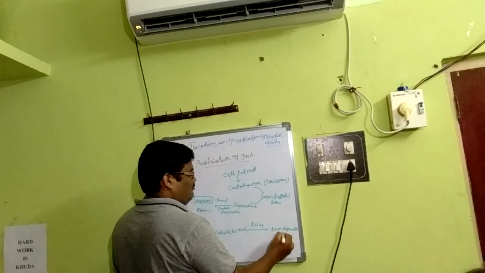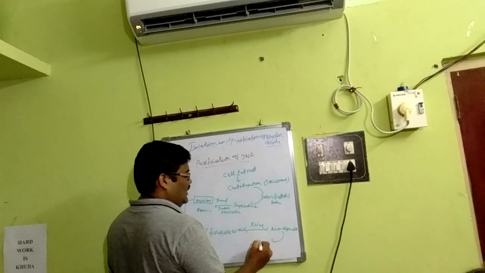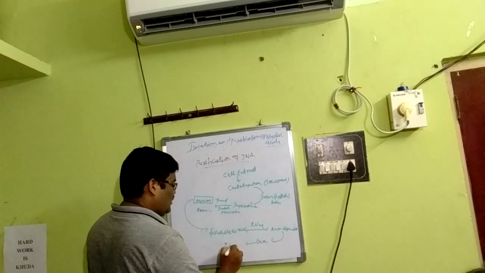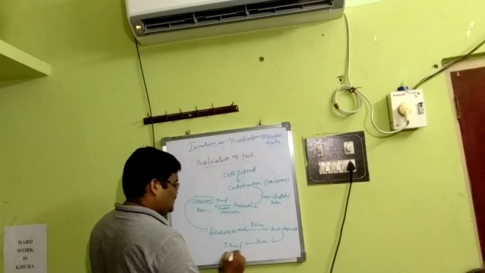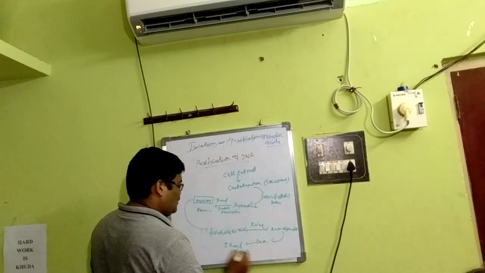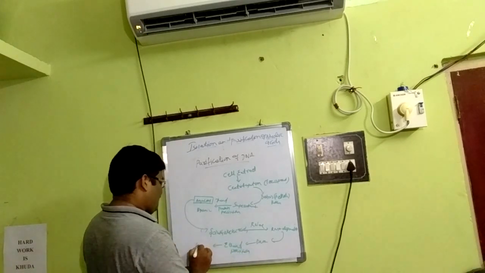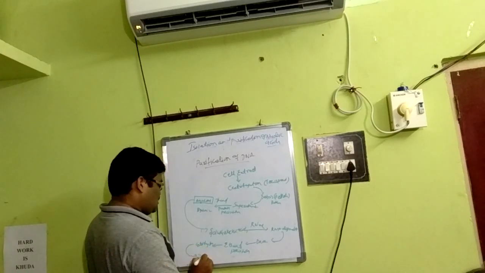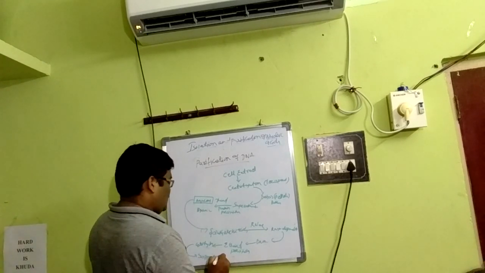Degradation. And finally the DNA. How? It has to be precipitated by ethanol. Ethanol precipitation followed by centrifugation. Then finally suspension in appropriate buffer.